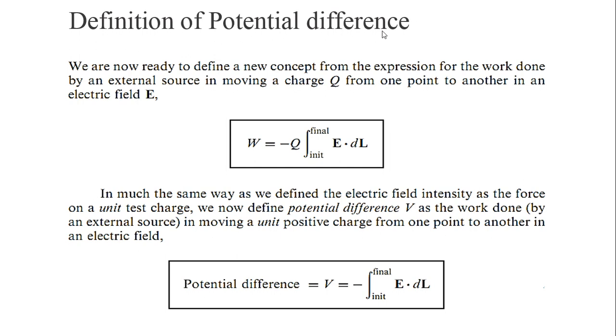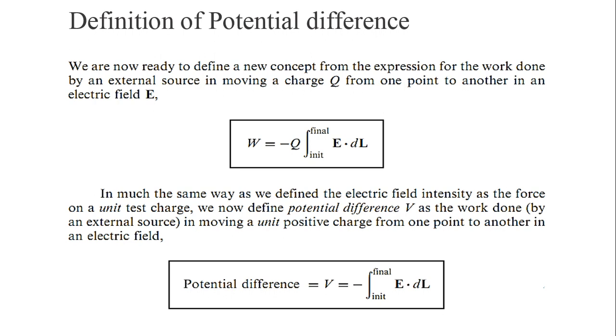We are now ready to define a new concept from the expression for the work done by an external source in moving a charge q from one point to another in an electric field E. It means that we have an electric field E and we are moving a charge from one point to another, so we will perform some work. So from the expression for the work done by an external source, we can define the potential difference.